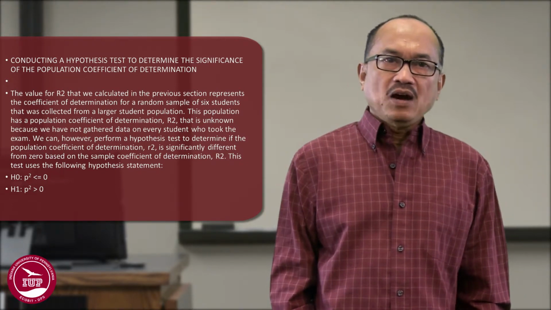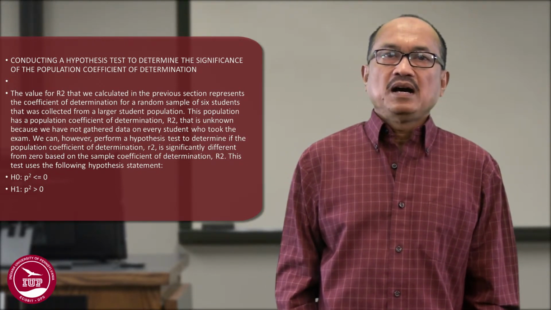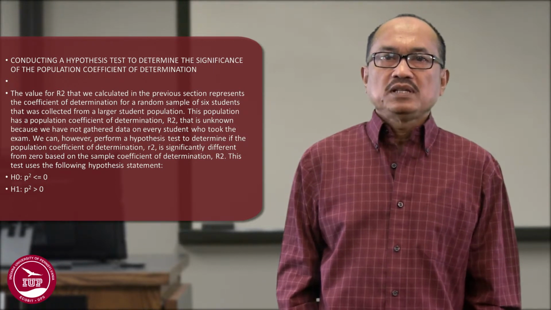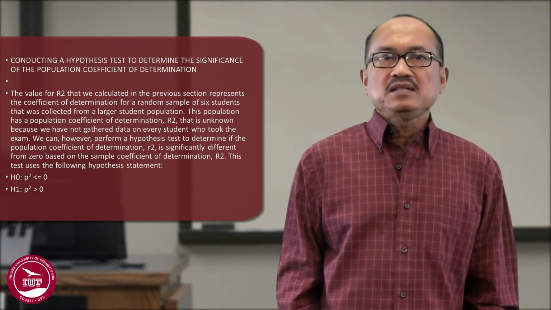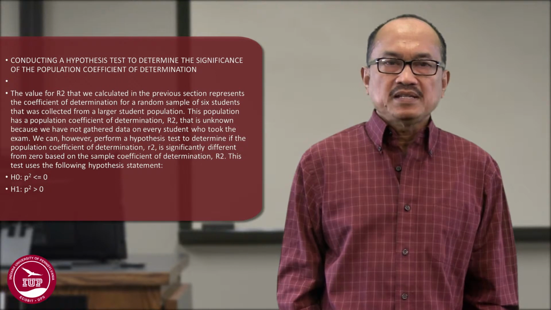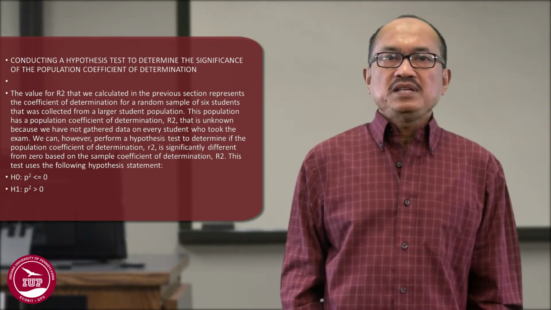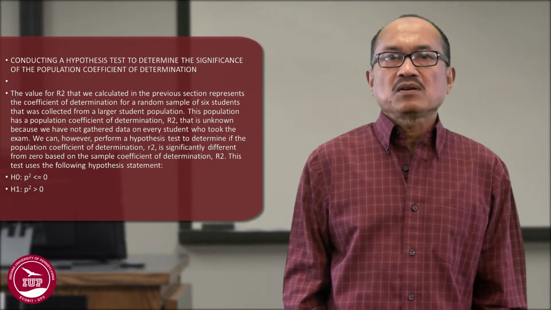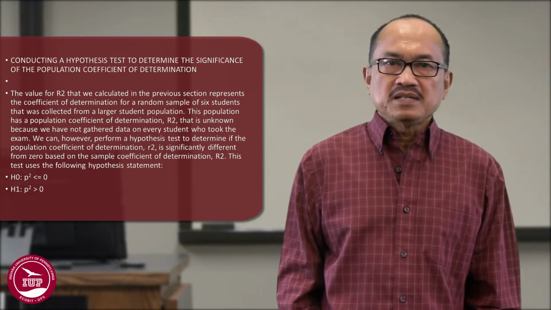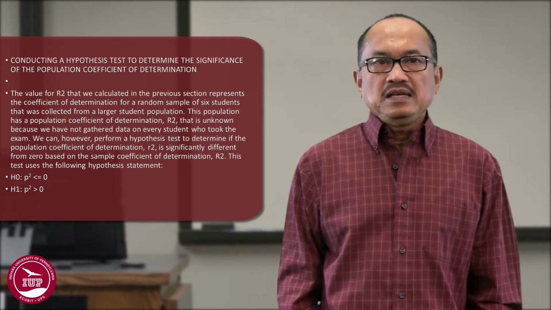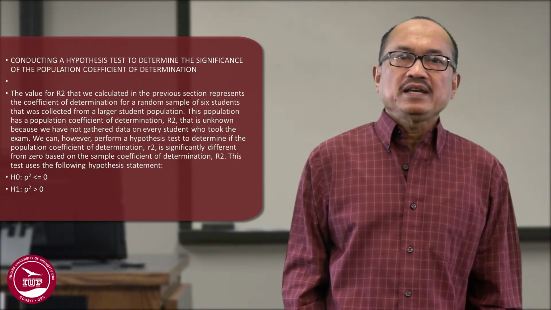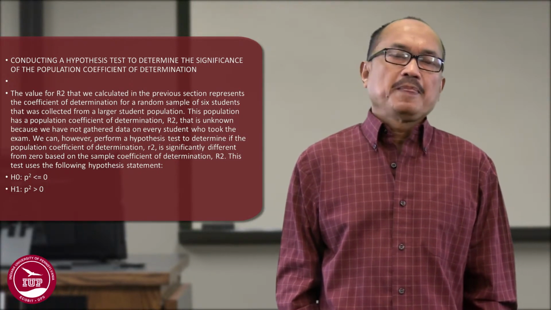We can, however, perform a hypothesis test to determine if the population coefficient of determination, rho squared, is significantly different from 0 based on the sample coefficient of determination R squared. This test uses the following hypothesis statement.